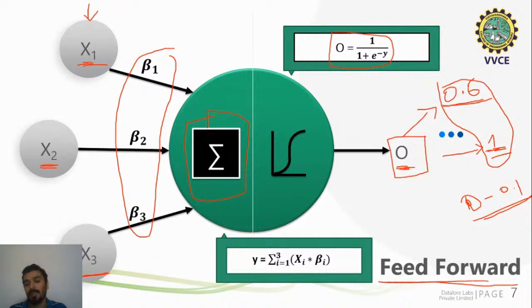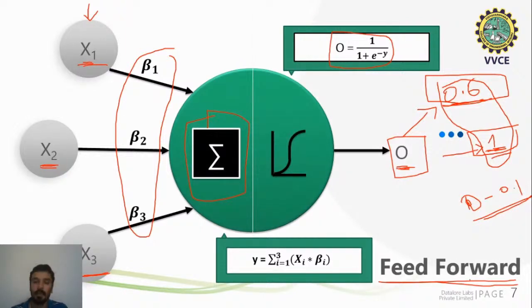This is what happens in a feed forward step. You take your input values, feed them through the neural network with whatever weights you have, and you get the output from your model. You compare it with the actual value that we were expecting, and you calculate the error. So this is what happens in feed forward.